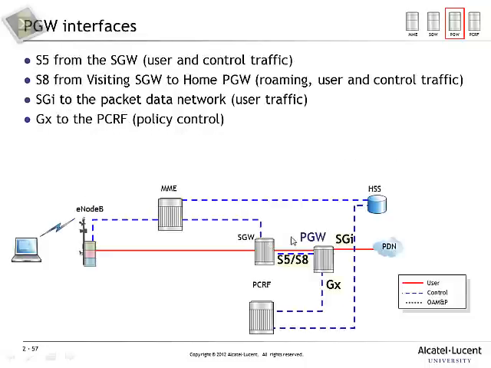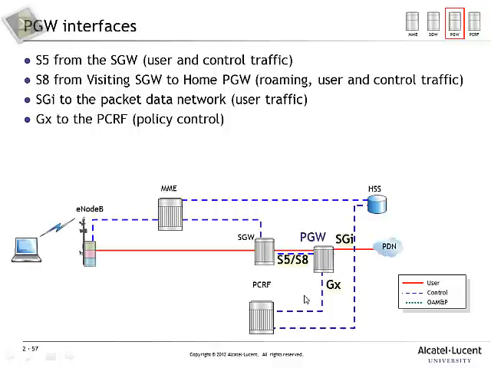In terms of interfaces, what are the important interfaces for the PGW? Well, it has the S5 and S8 interfaces to the serving gateway: S5 to the home serving gateway, and S8 to a visiting serving gateway. And it also has the SGi interface to the external data network.